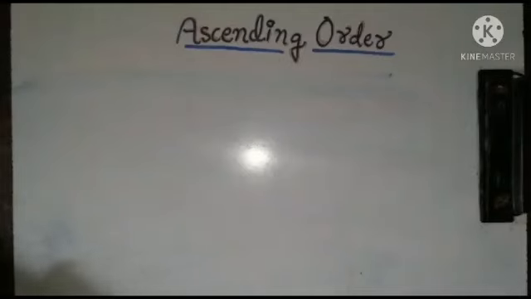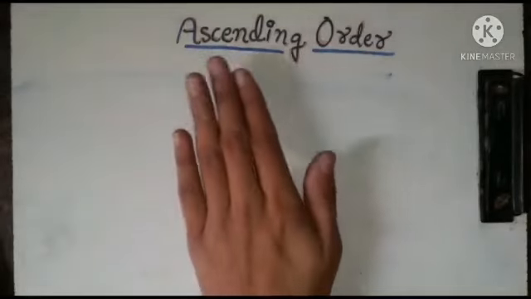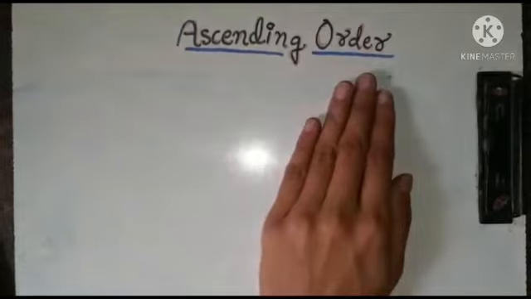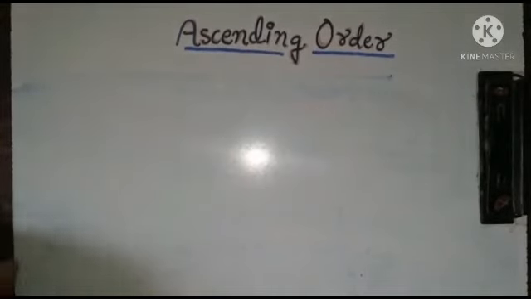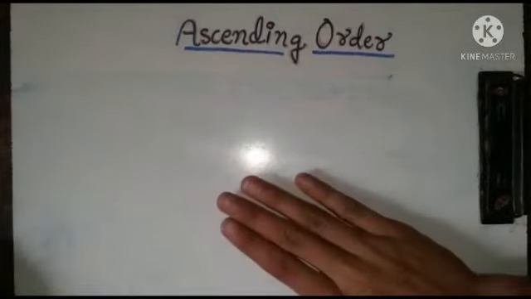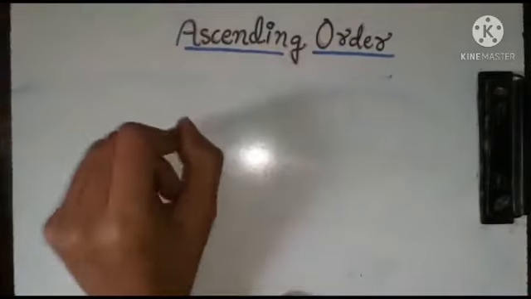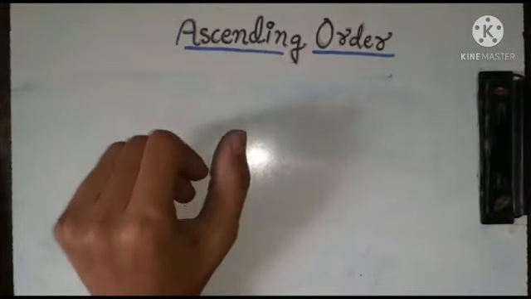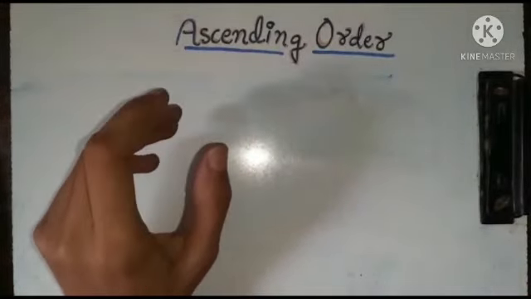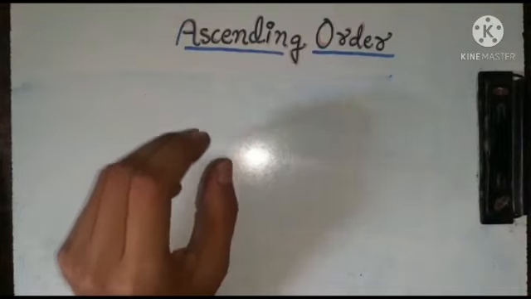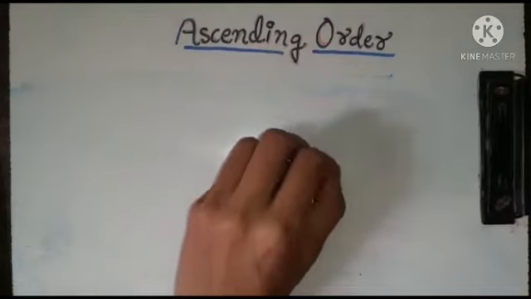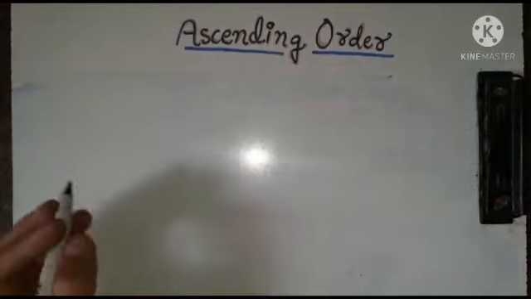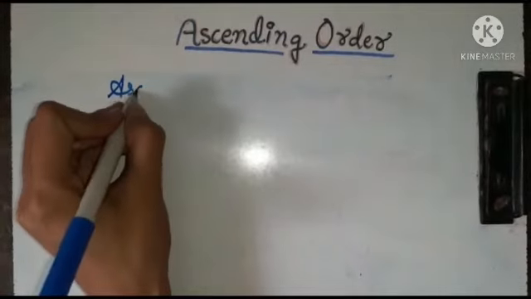So, let's begin. Dear students, today I will teach you about ascending order. What is ascending order? Ascending order means numbers when arranged from smallest to largest are said to be in ascending order.